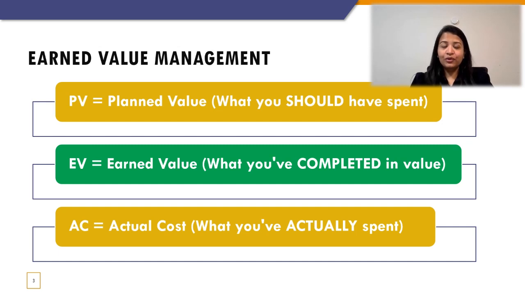But what you have completed is nothing but your earned value, or EV. So that is nothing but what you have completed in value. And the third one is AC, which is also called actual cost. That is nothing but what you have actually spent in regards to something that was planned before. So these are the differences that you have to keep in mind, and do not get confused with the terminology that is given in the question.